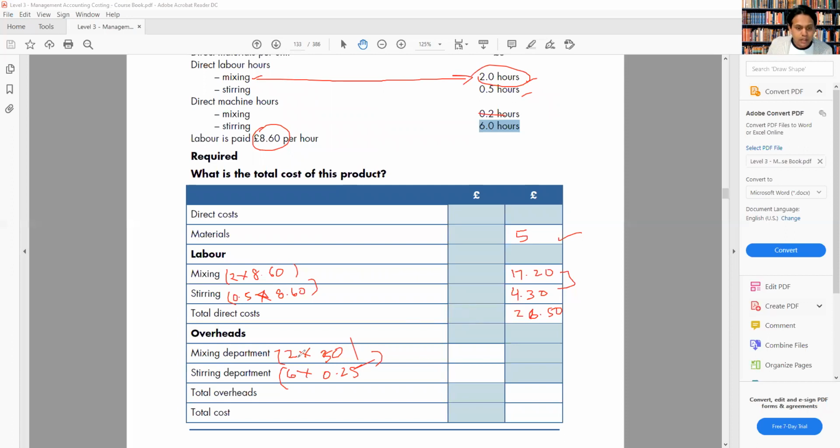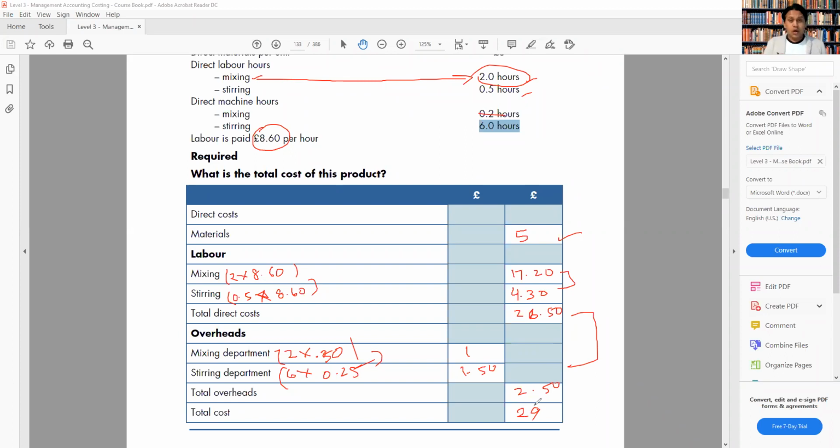So that will be our 2 times 0.50, that will be 1, and 6 times 0.25, that will give us 1.50. So if I added these 2, the overhead will be 2.50, and if I added the overhead with the total direct cost, that is 26.50, that will be how much total? 26.50 plus 2.50, that will give us 29.